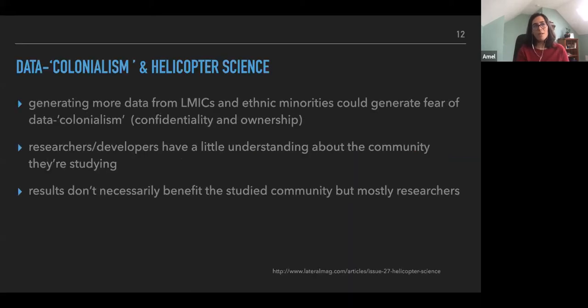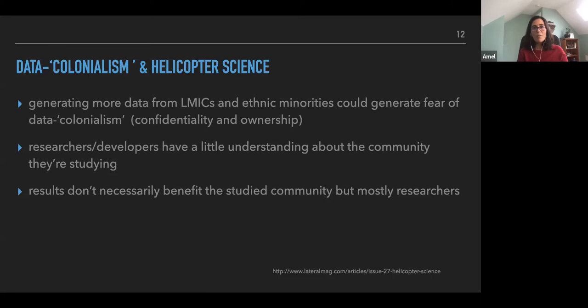And so collecting data, trying to capture as much data as we can from this region and integrating them into global efforts could definitely lead to generating a data colonialism fear, where basically ethnic minorities and communities from low and middle income countries do really feel a lack of ownership of their data, and also a loss of confidentiality.